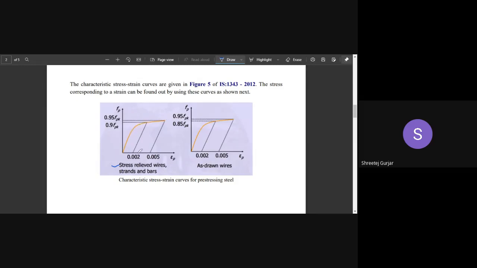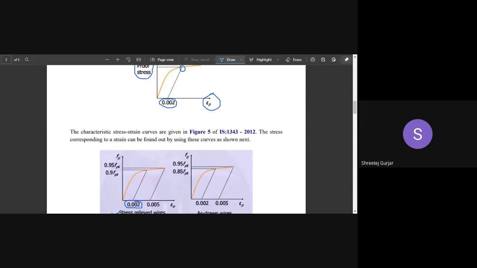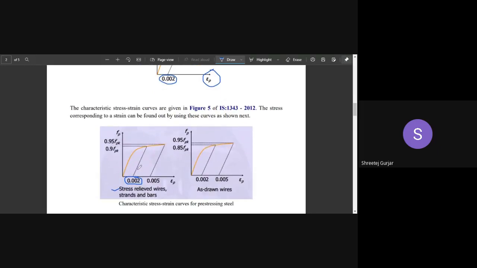Okay, so the strain we have is 0.002, that is your same value which is here. So what we do, we draw a straight line which is parallel to this initial straight line, and whenever it cuts your curve, that corresponding stress, you can see it is 0.9 fpk. It is 90% of your fpk value, your characteristic tensile strength value.